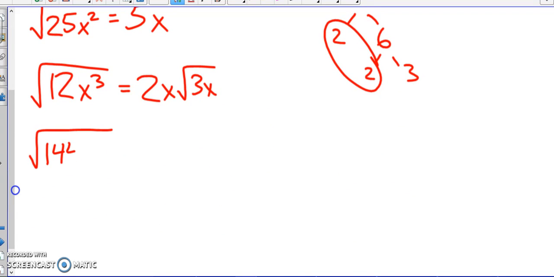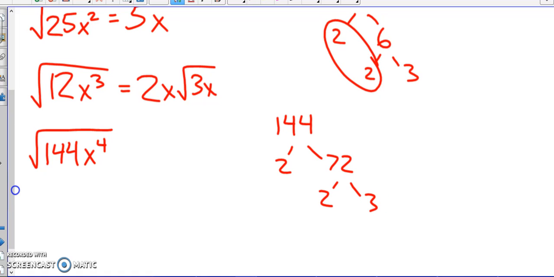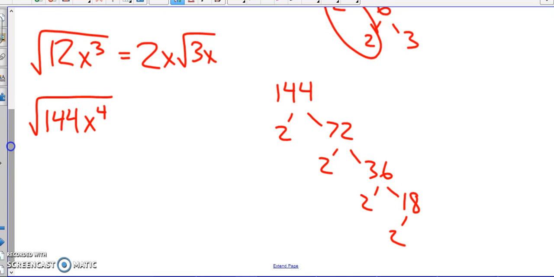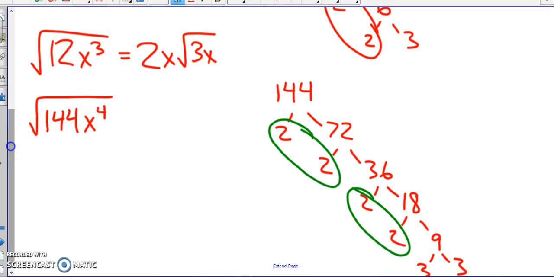Square root of 144x to the fourth. Make your tree. Guess I need to scroll some more. 2, 2, and 3.